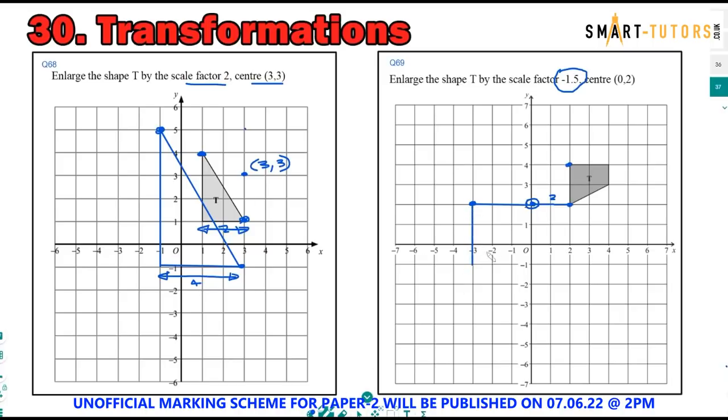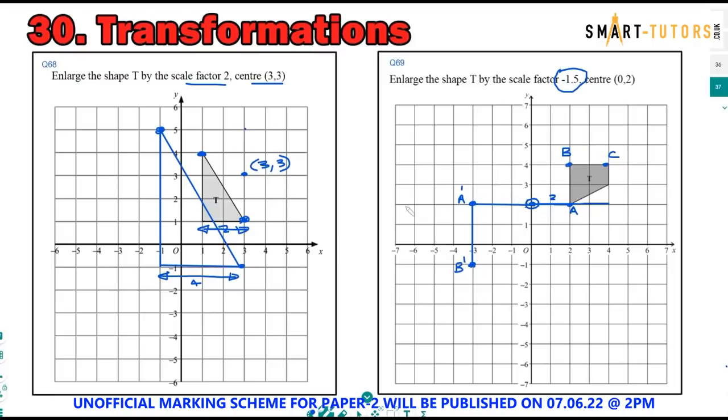So now somehow I found the, if I put this is A and this is A dash, and this is B and this is B dash, right? Now I'm going to be selecting the point C, right? C is 4 to the right, so 4 all the way and 2 up. 4 means 4 times 1.5. 4 times 1.5 is 6.